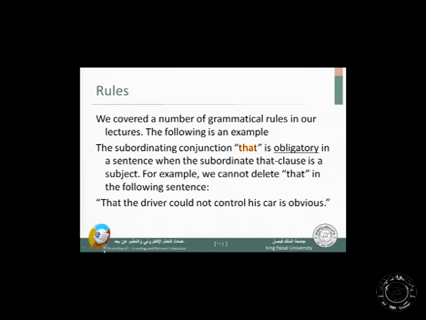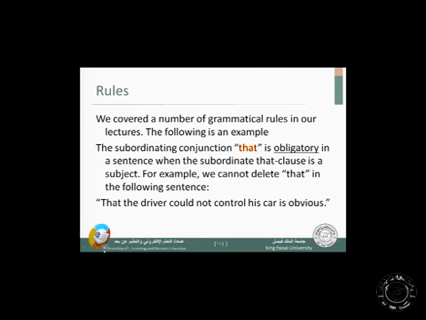So it is obligatory in a sentence when the subordinate that clause is a subject. So if we have a that clause, and if that clause is a subject, we cannot remove that. So for example, we cannot delete that in this sentence. That the driver could not control his car is obvious.